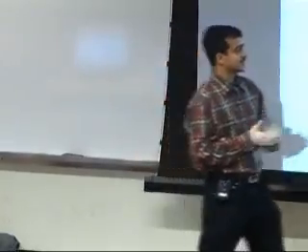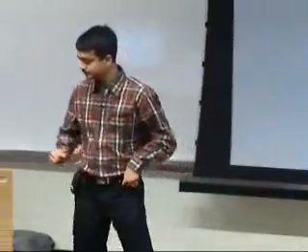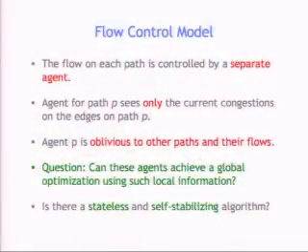So the question is, can these agents achieve this global optimum solution just by looking at this local feedback that they get from the system? And moreover, we want the protocol or the algorithm to be stateless and self-stabilizing. So we really want the decisions that these agents take to just depend on the current flow situation. They should not store any history about the past execution.